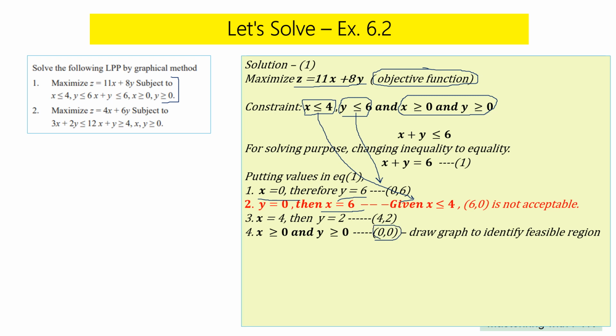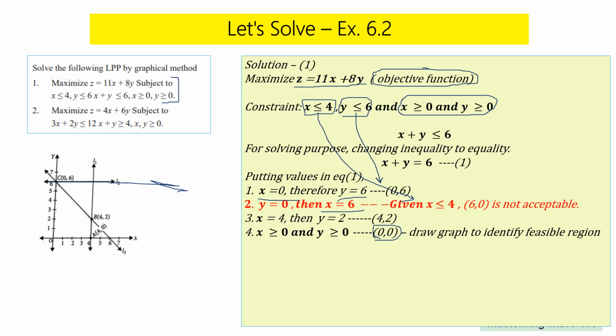Right? So let's start by drawing a graph and identifying the feasible region. When x is 0, y is 6. So this is our line. And when x is 4, y is 2. So we will draw here x is 2, x is 4, y is 2.